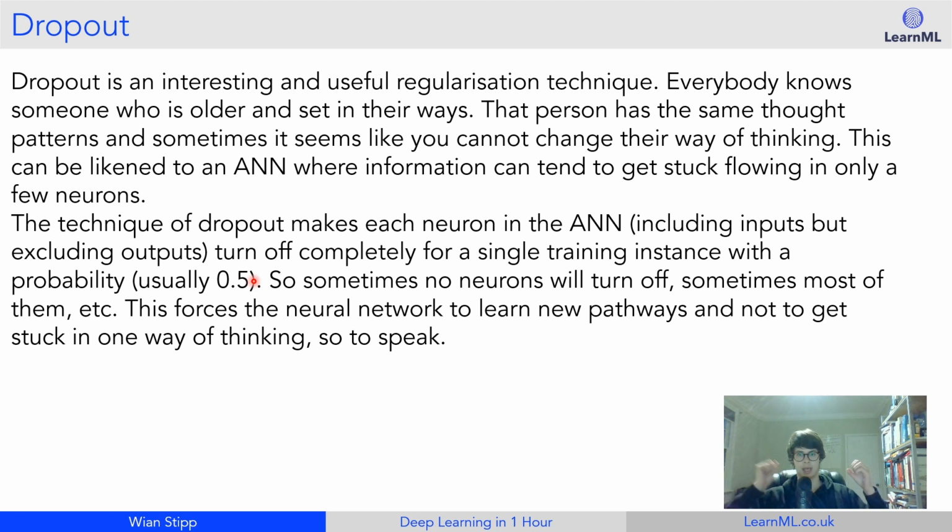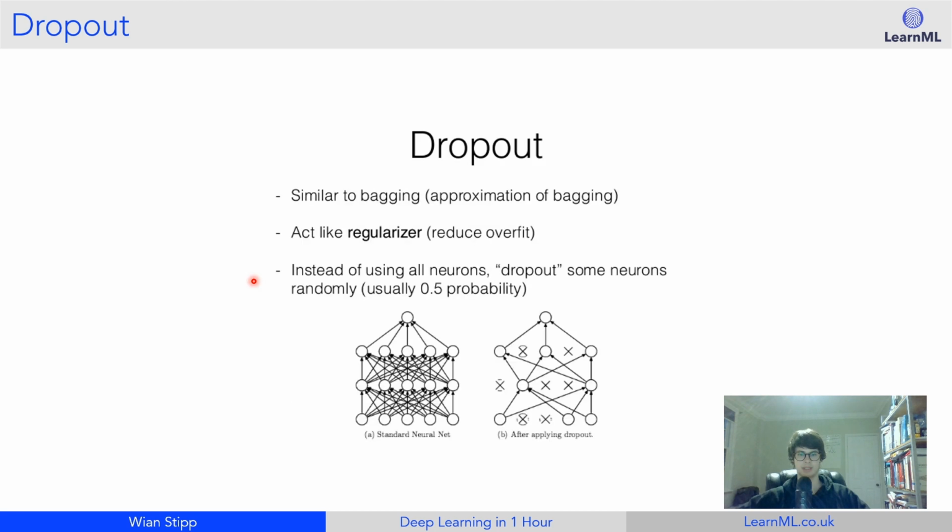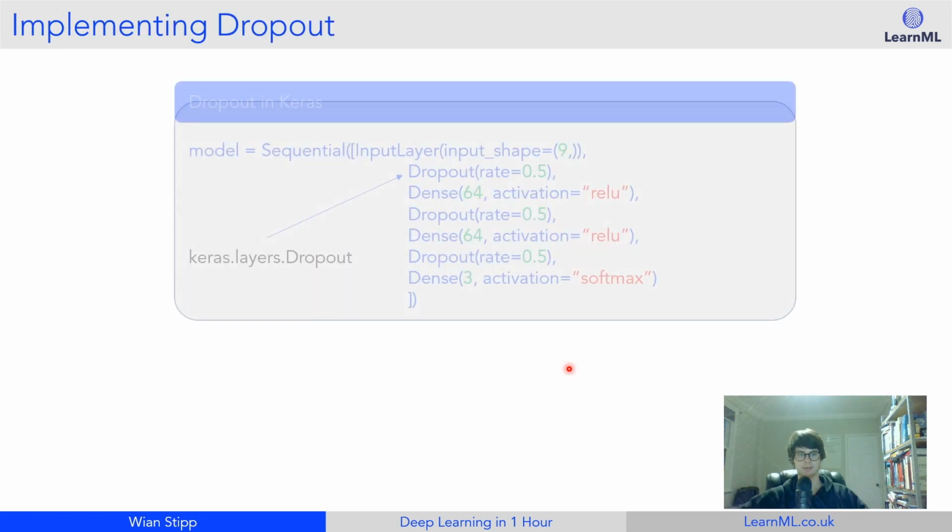So at each training instance, randomly, some of the neurons are going to be set to 0, and so they're going to turn completely off. There's a nice diagram here. So randomly at each iteration, a neuron turns off. Sometimes it's this one, sometimes it's that one. It's random, so it's going to randomly turn the neurons off. Of course, this means your neural network is on average half the size.